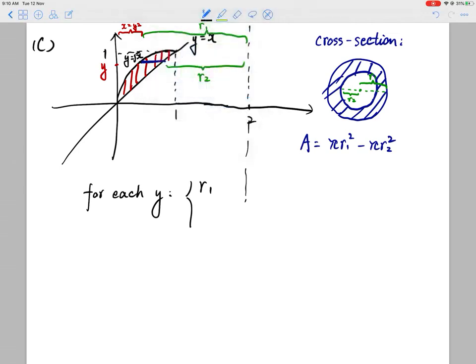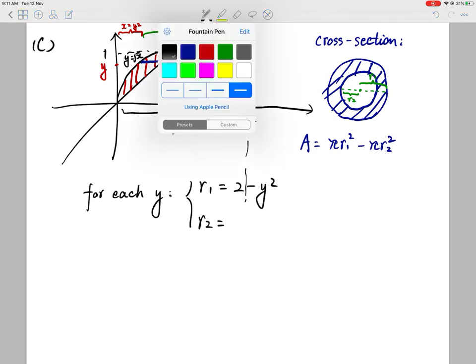And we know overall this total length is 2. So this part is y squared, this part is R1. R1 plus y squared is 2, so R1 is 2 minus y squared. What about R2? R2 is just 2 minus this part.